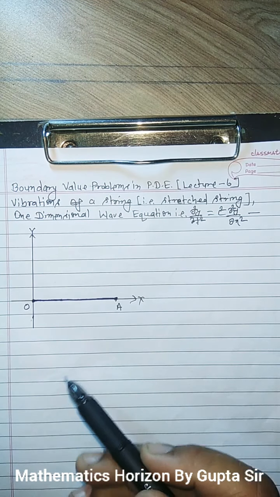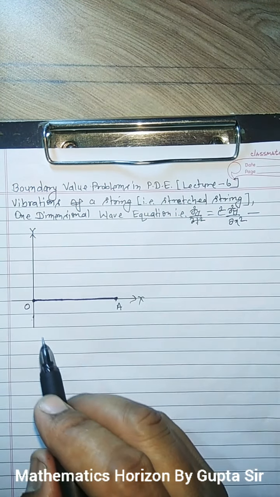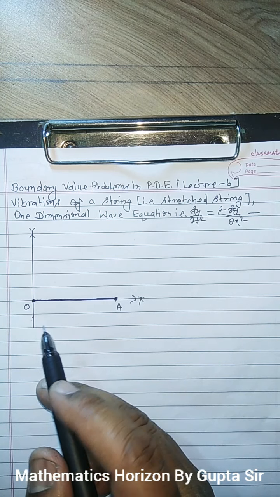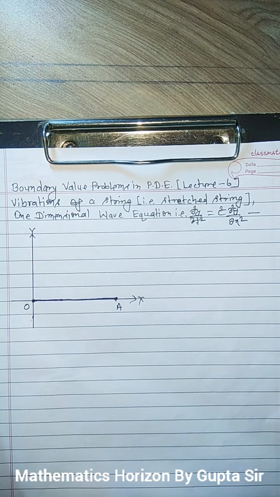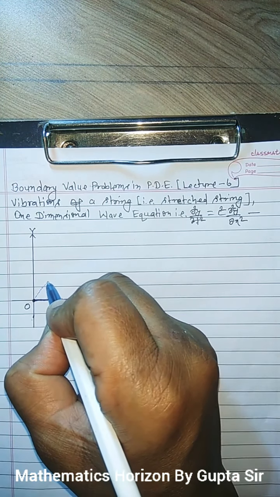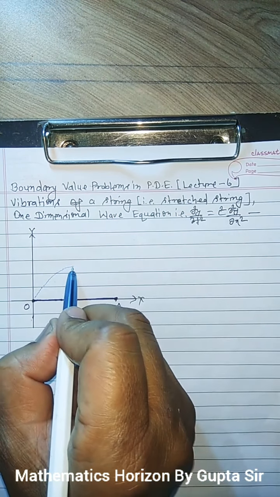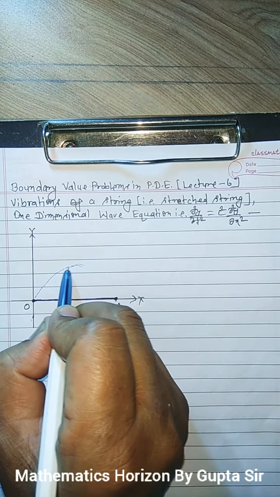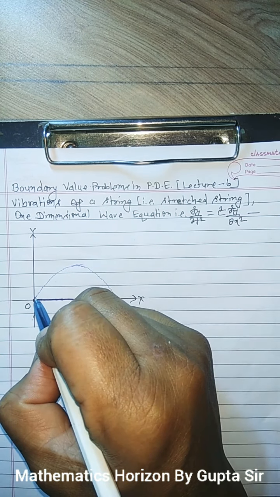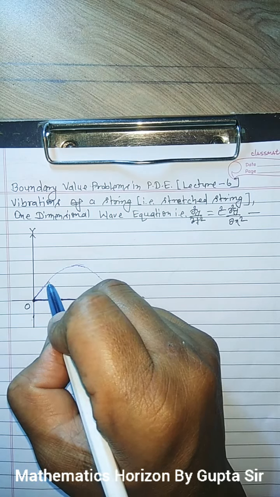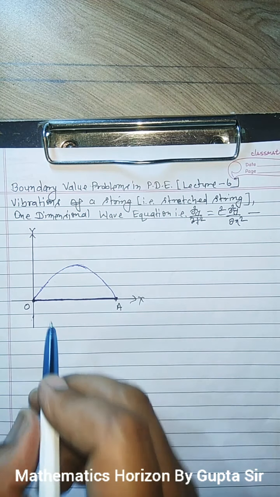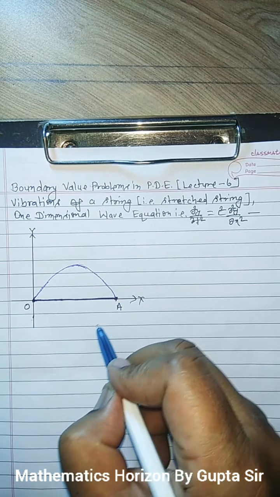If we slightly displace it from its equilibrium position, then it will be like this, and the same here in the negative y direction.